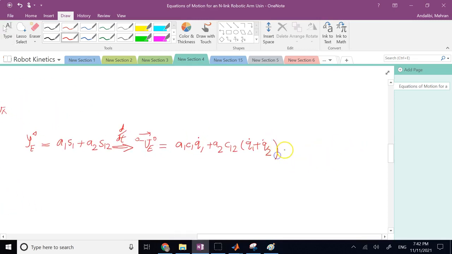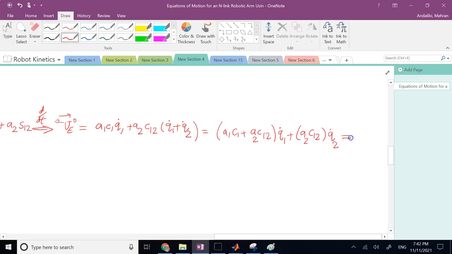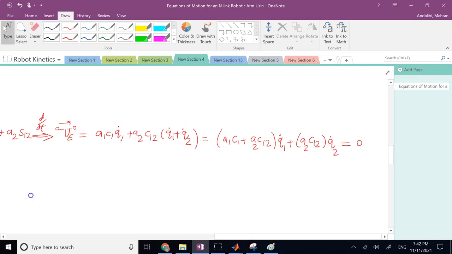If I want to organize it, it is a1 c1 plus a2 c12, the whole thing times q1 dot, plus a2 c12 times q2 dot, and this whole thing equals 0. That vy component has to be 0.